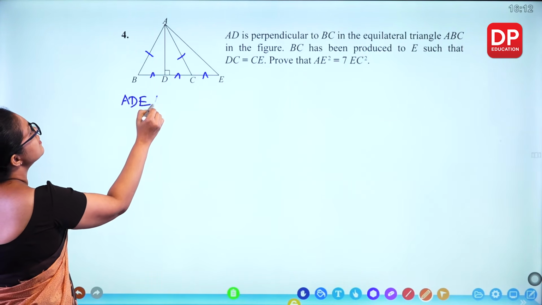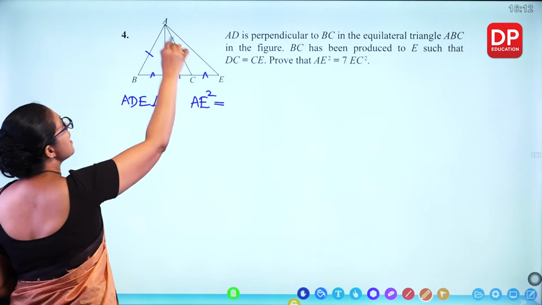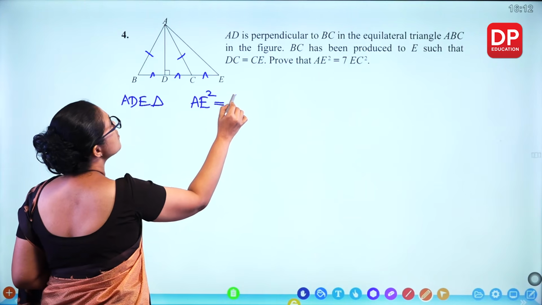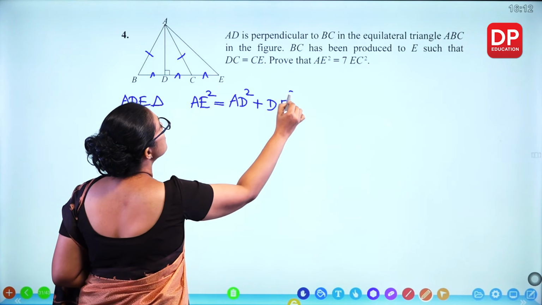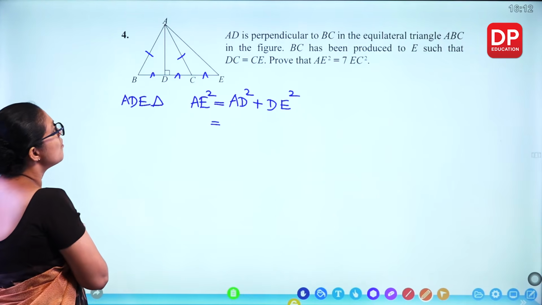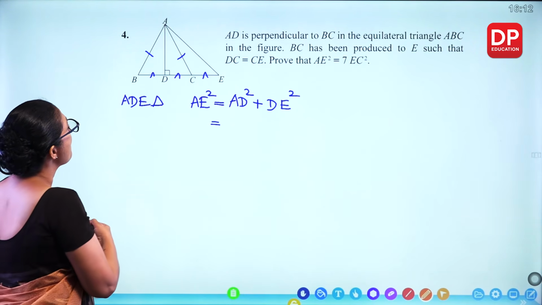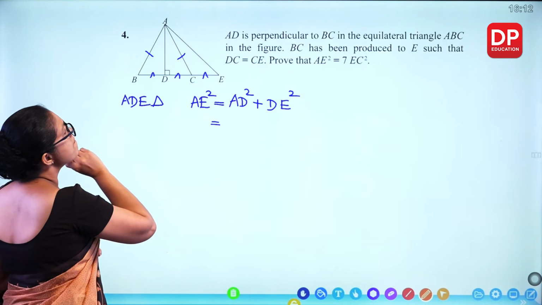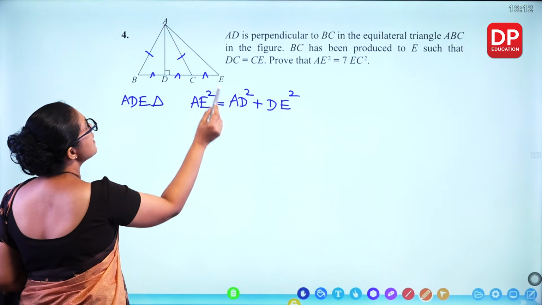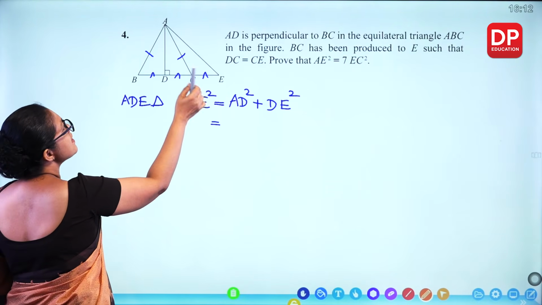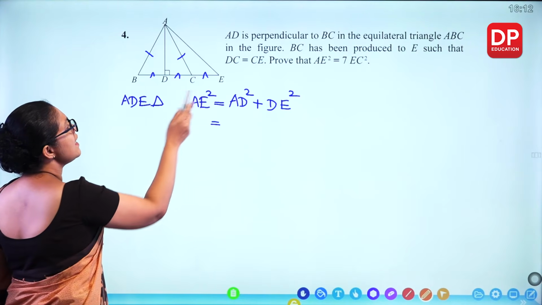We'll take ADE triangle. What is AE squared? AE squared is AD squared plus DE squared. What is DE? I can write DC plus CE, or I can write this is double of CE because these two lengths are equal.